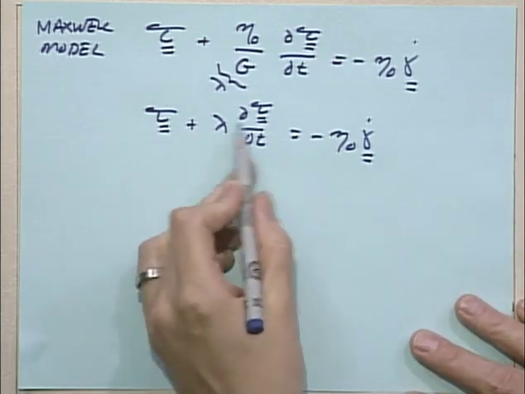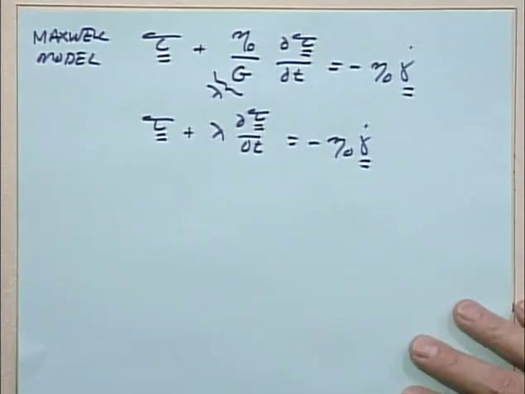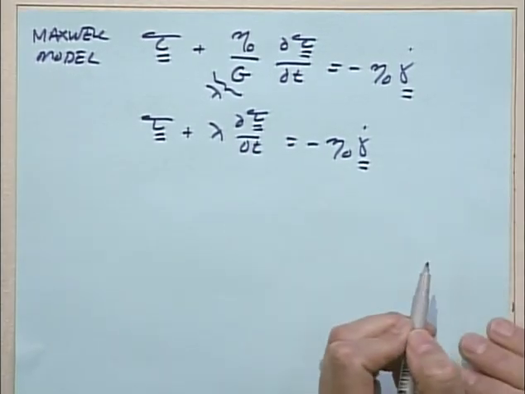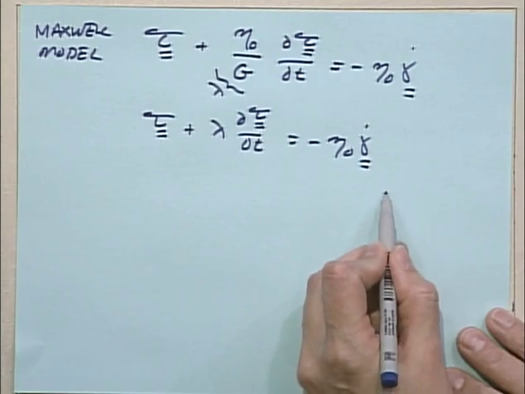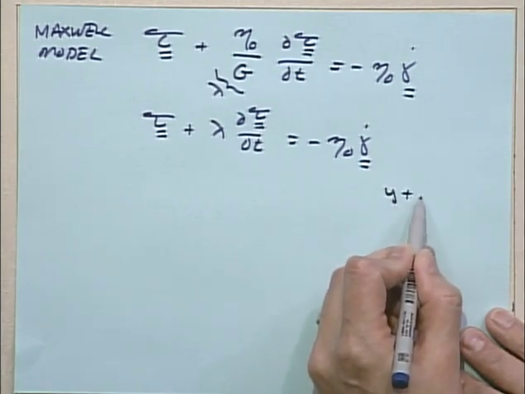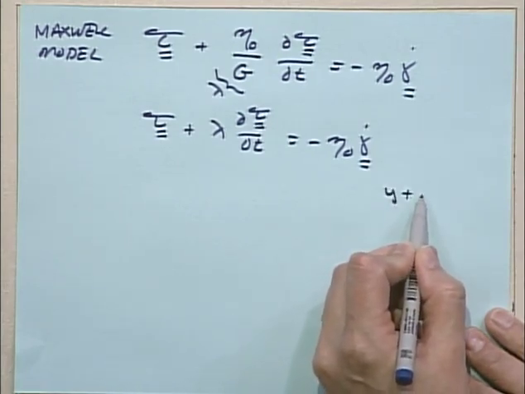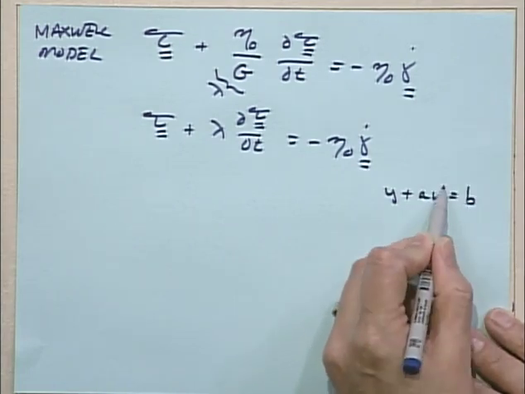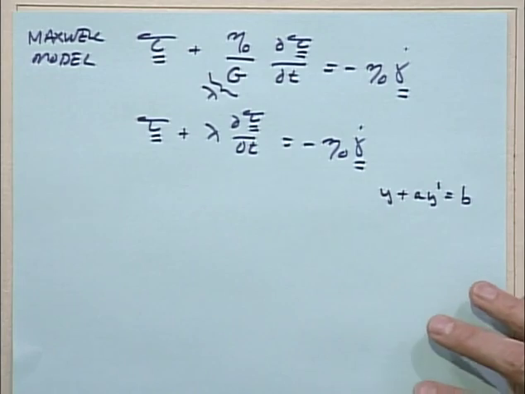We just leave these taus and this gamma dot exactly like they are and carry them along. If you go back to your differential equations class, you may have seen something like y plus a y prime equals a constant. That's all this differential equation is.